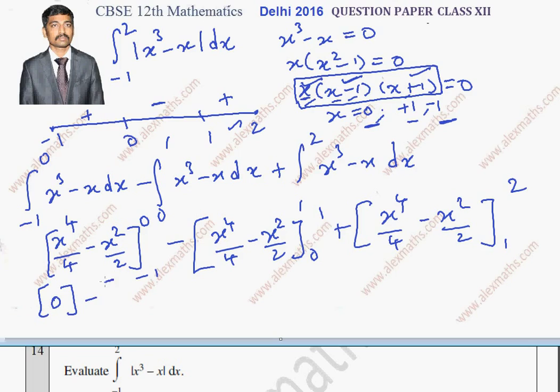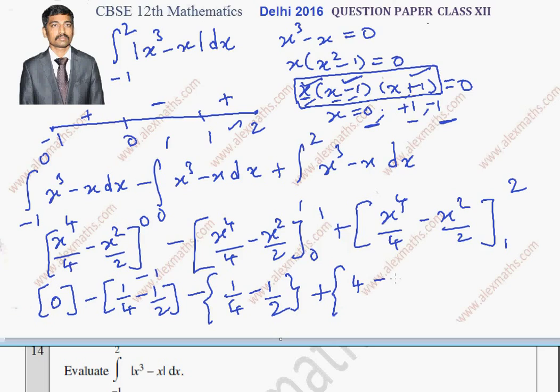When I put the lower limit, it is going to become 1 by 4 minus 1 by 2. Then minus of, if I put the upper limit, 1 by 4 minus 1 by 2, then the lower limit is 0, so no need to write. Then if I put the upper limit, 2 power 4 is 16, 16 by 4 is 4, minus 2 square is 4, 4 by 2 is 2. Then minus the lower limit, 1 by 4 minus 1 by 2. I substituted all the limits.